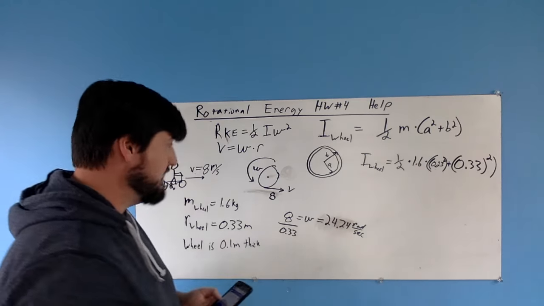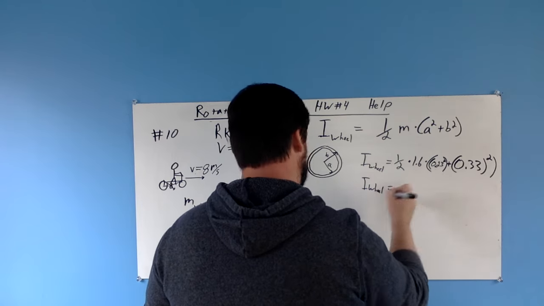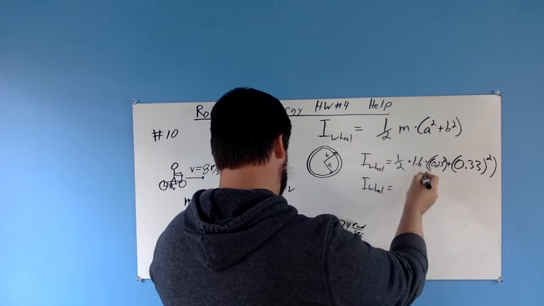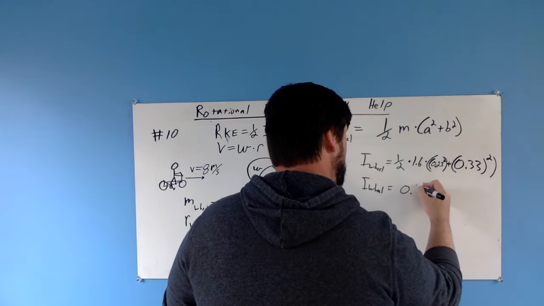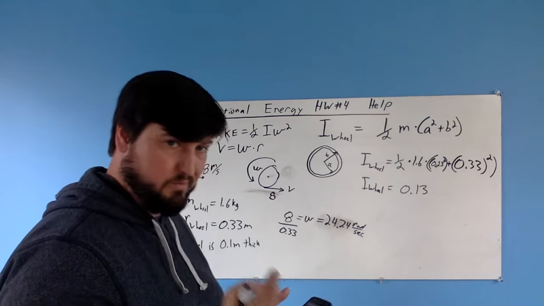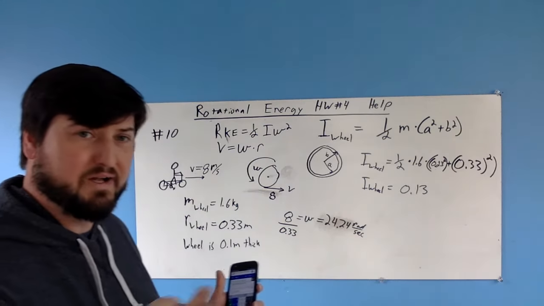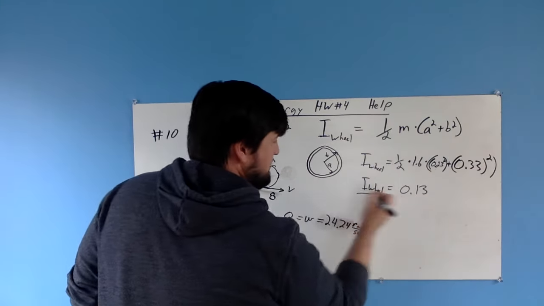It's kind of a pain. All right, so the I for the wheel is, make sure I got my math right. Okay, it is basically 0.1294. But I'm going to call it 0.13, because why go there? Do not make it more painful than it needs to be, right? So there is our moment of inertia for the wheel.